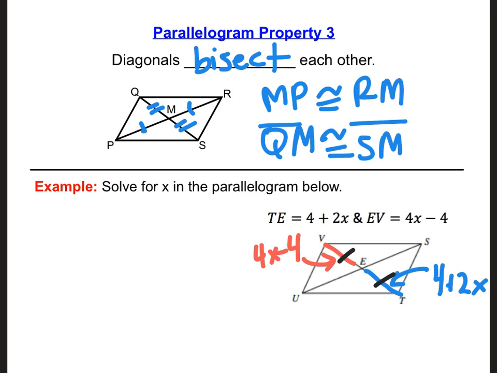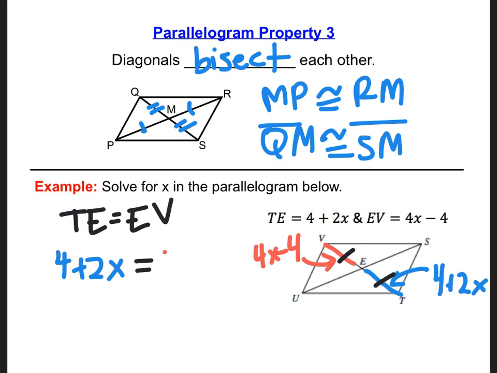So I know that TE equals EV. And I know TE is 4 plus 2x, and it equals EV, which is 4x minus 4.